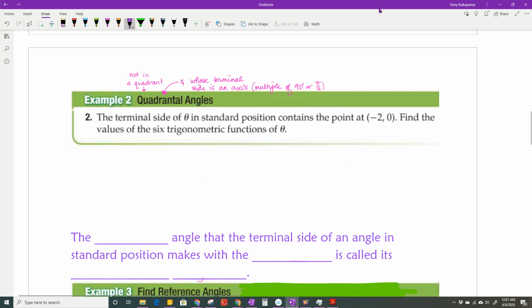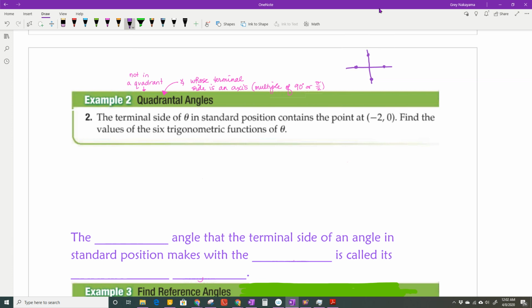So if you want a better picture of that, if you were to draw it, they're the angles that are going to be here. These are your quadrantal angles, which means one of your coordinates is always going to be, I hope you're yelling at me and telling me, it's always going to be 0. Zero is either going to be last or first. It's going to be one of the coordinates of your problem.